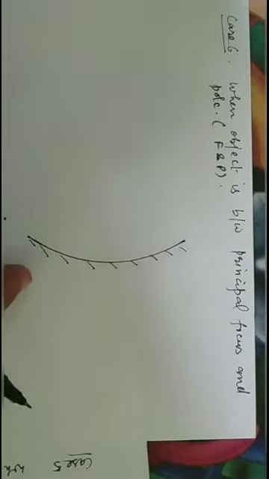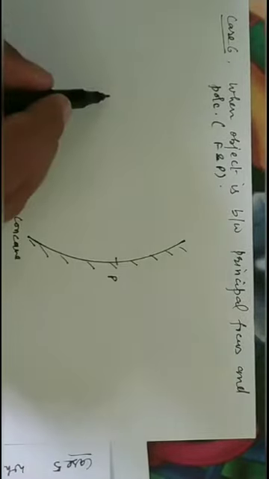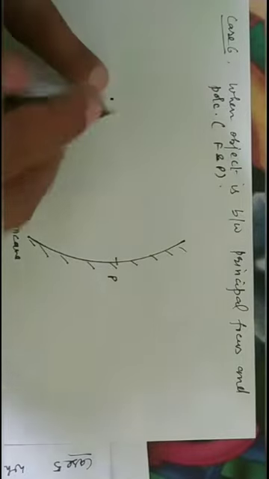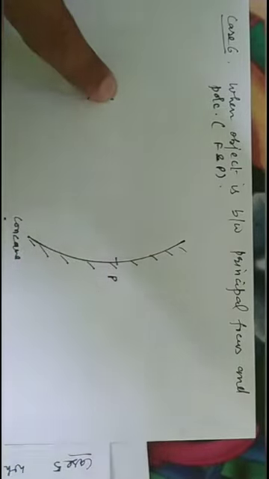Case six, when your object is between the principal focus and the pole. So this is our concave mirror. The center point of this is known as the pole. C is the center, where if you keep a compass, it can draw out this arc.